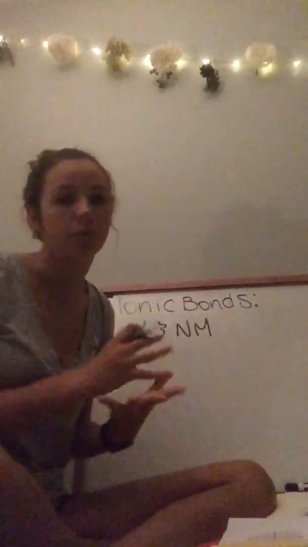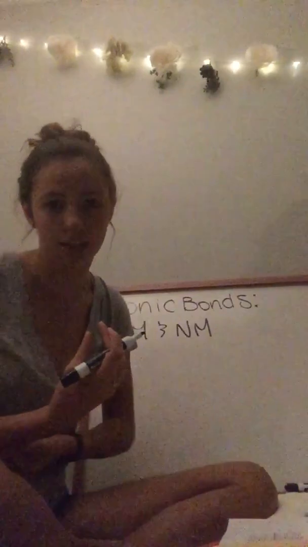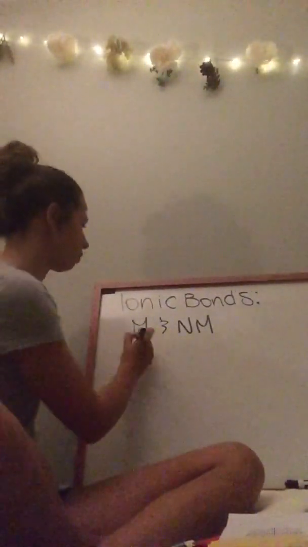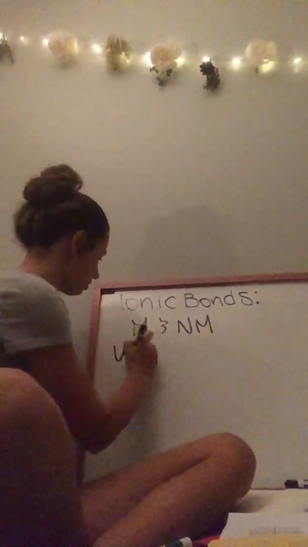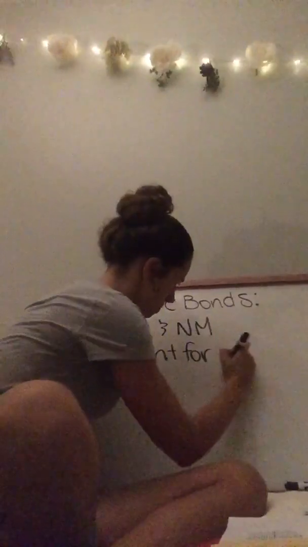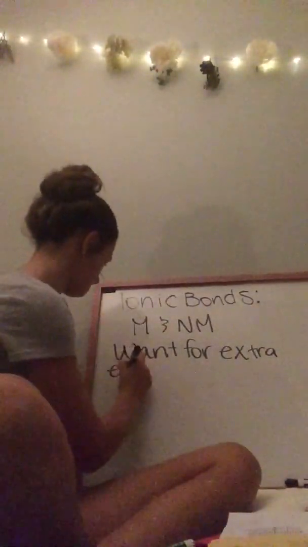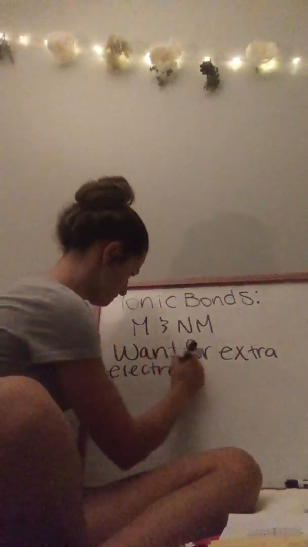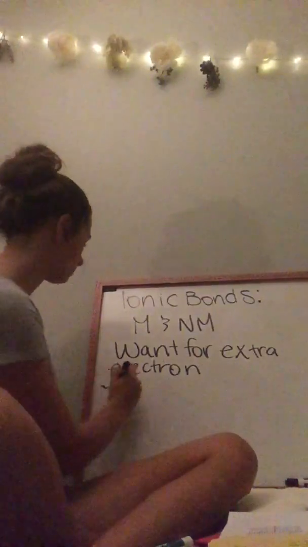The sodium really wanted to get rid of that electron, and the chlorine really wanted to take that electron. So that's the reason it's going to be forming between the metals and the nonmetals, is the want for the extra electron. Okay, so that's a want for the extra electron.